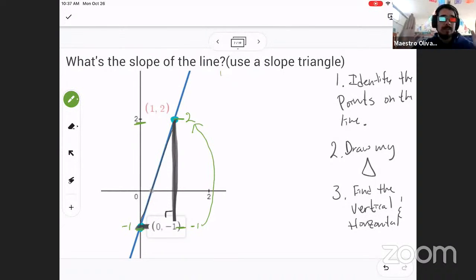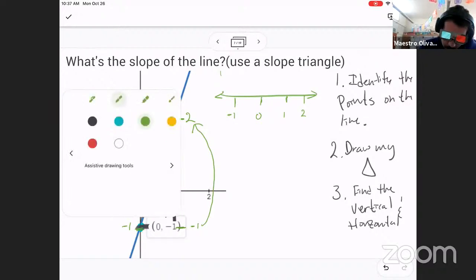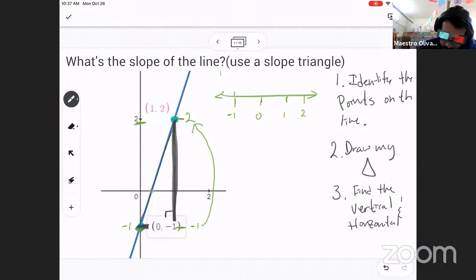What's that total distance there? How far is -1 to 2? How many numbers are there in between them?